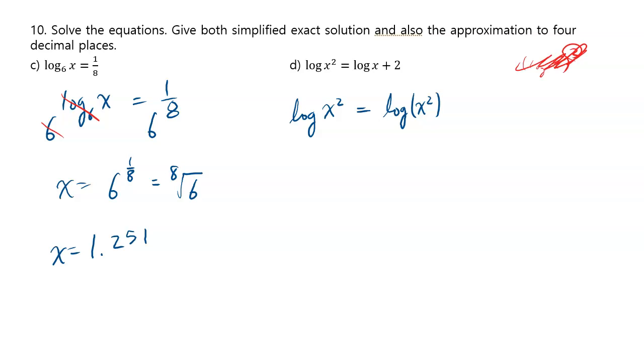That's not allowed. Alright, so this is the same thing as 2 times log x by the frog over the log rule. And then 2 log x is equal to log of x plus 2. Subtract log x from both sides.